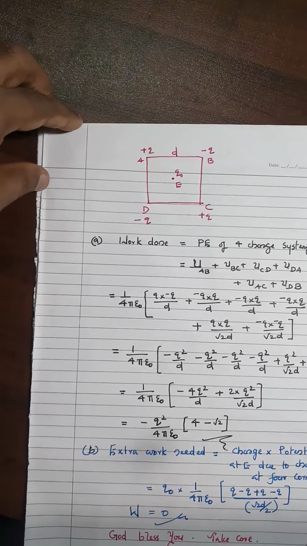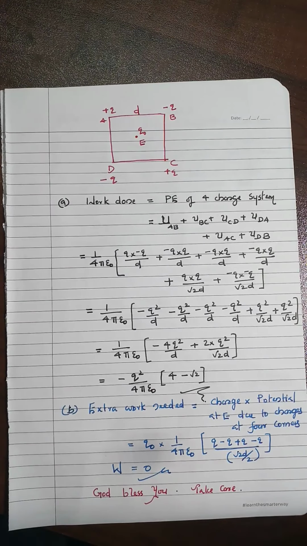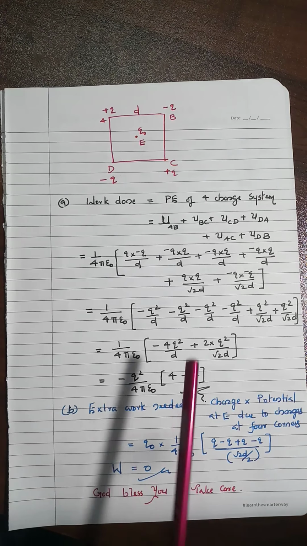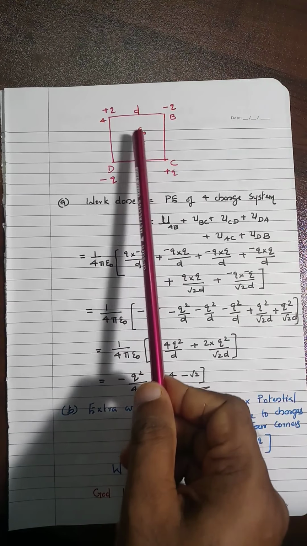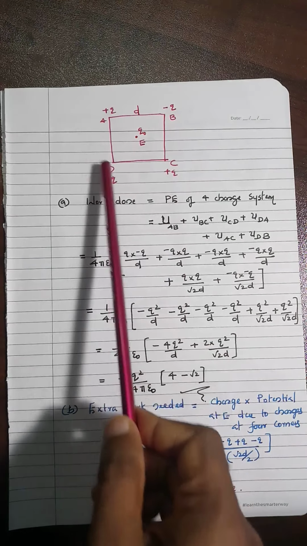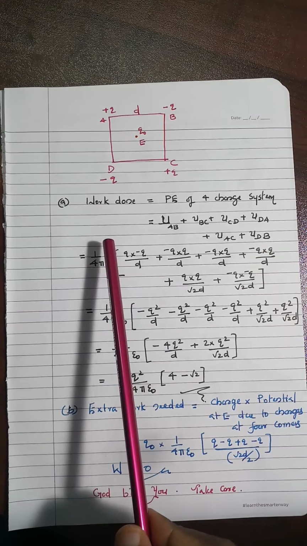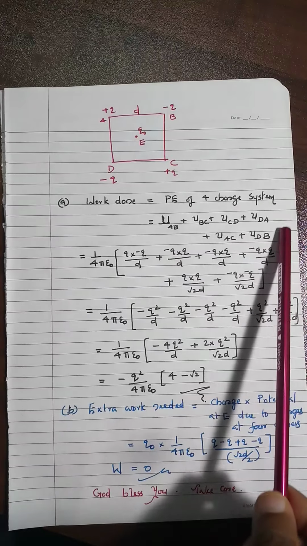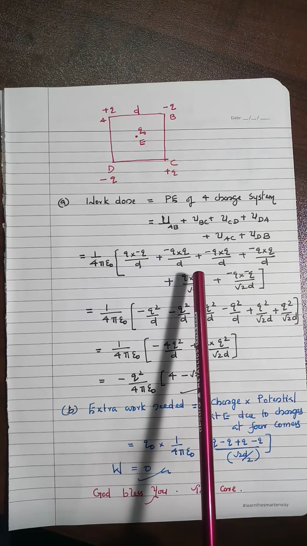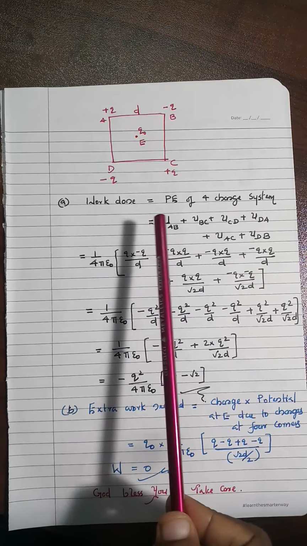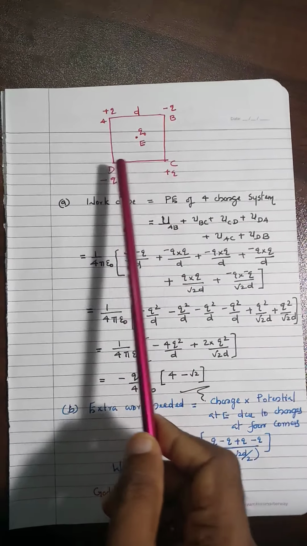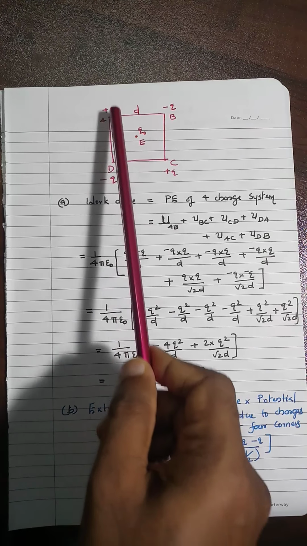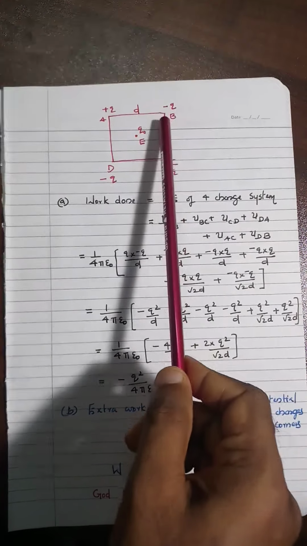So it becomes so simple. At first we can go through the figure there. So here plus Q, minus Q, plus Q, minus Q, the center point E. At first we have to consider the ABCD charges only. So you know the 6 contributions are there. Those 6 contributions we can analyze as between AB, BC, CD, DA, then the diagonals AC and BD.